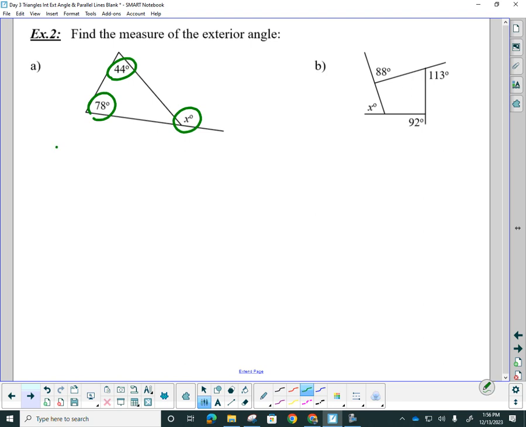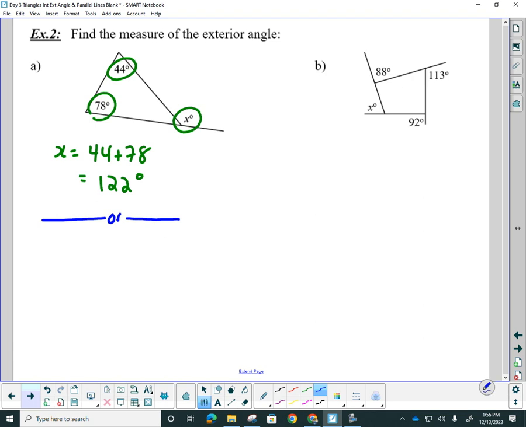And so I can quickly get x equals 44 plus 78, go to my calculator and add those up and get 122. And that's the shortcut if we remember the property of exterior angles and how it's related to the sum of the interior angles. But if you forget that, I know that you could use your logic as well.